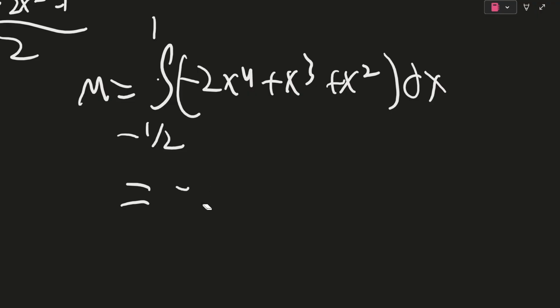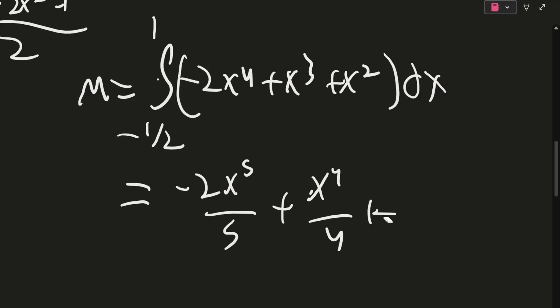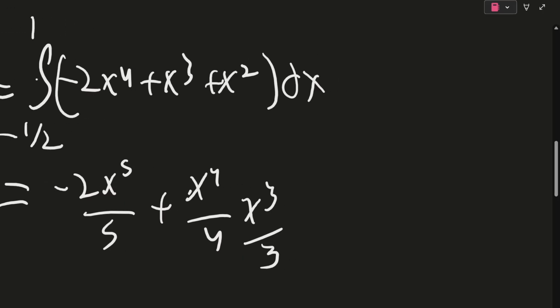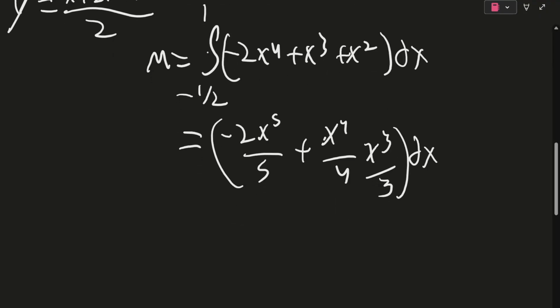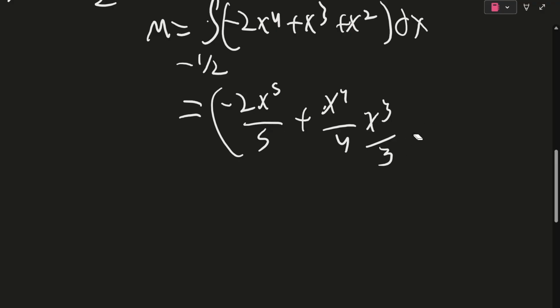We have negative 2x to the fifth over 5, plus x to the fourth over 4, plus x cubed over 3, evaluated from negative 1/2 to 1.